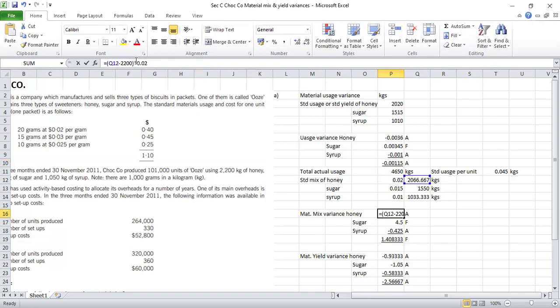Similarly, we will do over here. We have 0.02 per gram, but to convert it to kgs, we have to divide this price as well.